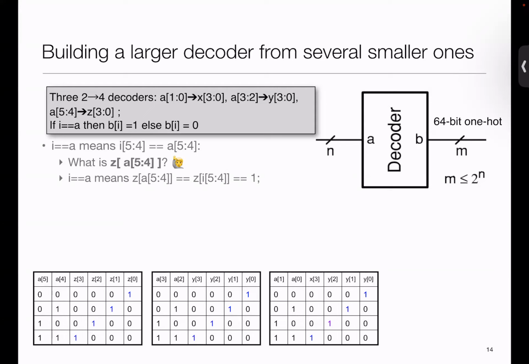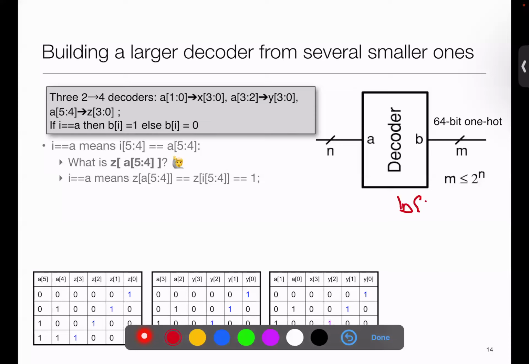Let's take another example. Let's say I'm looking at B1. So when is B1 high? Well, B1 is high if A5 colon 0 is 0, 0, 0, 0, 0, 1.